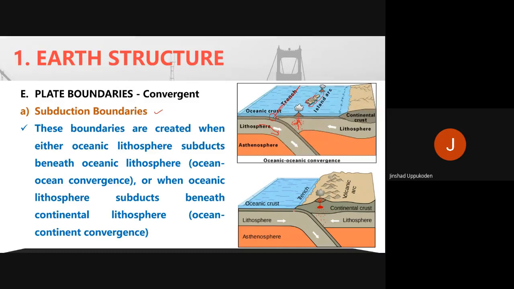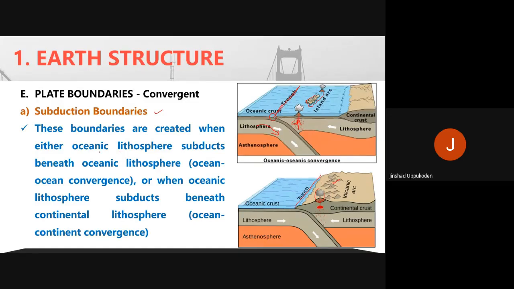Now, when a convergent boundary occurs at the junction of the ocean and a continent, here also you will see volcanic activity. Here also you will see a trench here. But instead of islands, you will have a slightly mountainous region here. That is the only difference here.